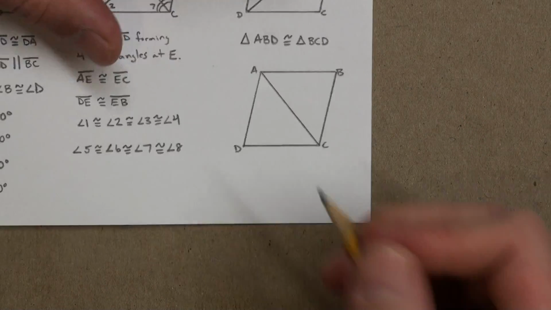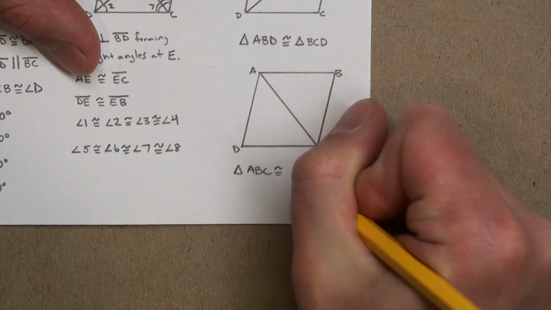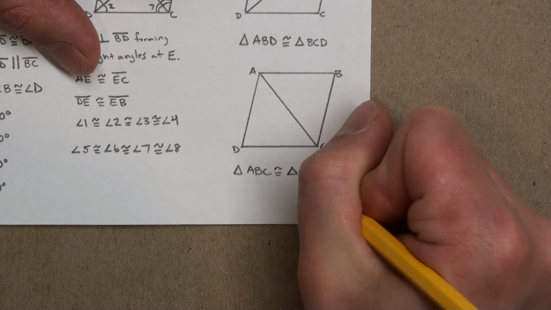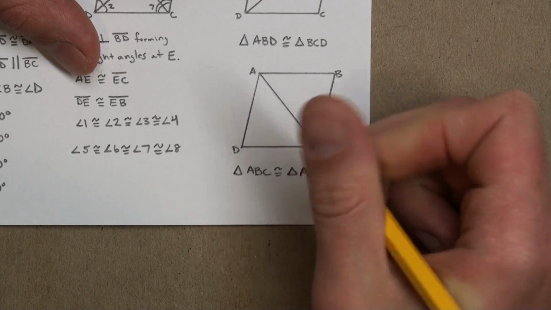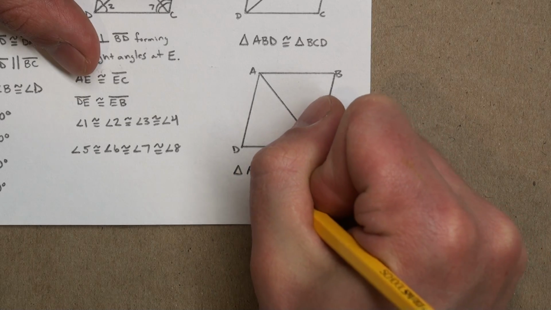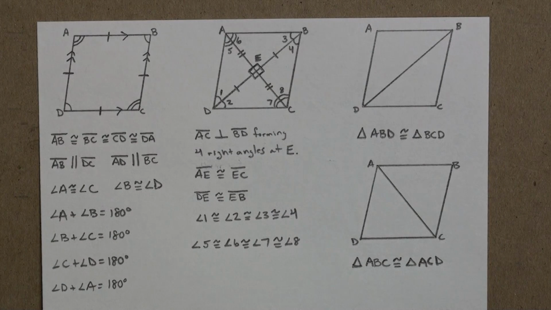And that could be the other diagonal. Then we can just say that triangle ABC is congruent to triangle ACD. Okay. So that is it for the rhombus. Now we go up to the quadrilateral with the most properties.